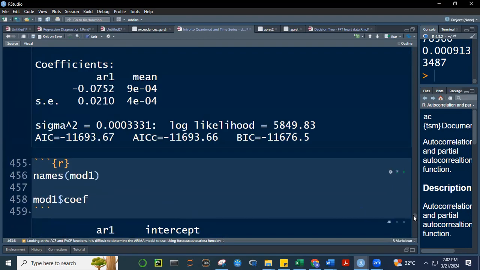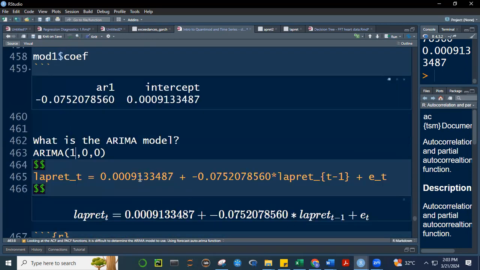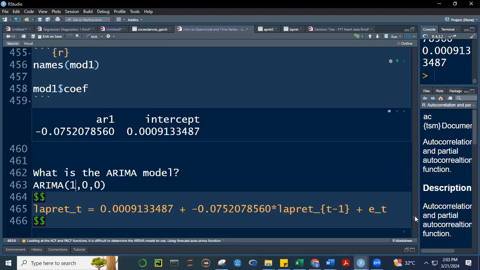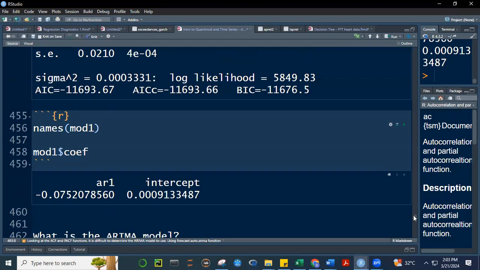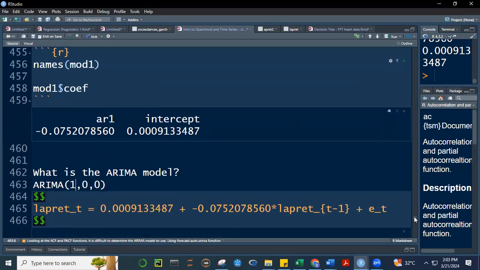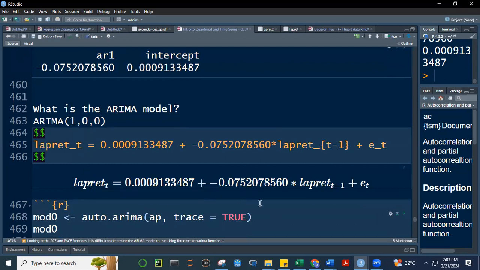Kasi yung coefficients natin, ito, no? 0.0752 at saka ito. The mean is this one, 0.0091, etc. Plus this one, negative of this one. This is your beta, okay, times log return t minus 1, right? T minus 1 class because we are regressing our Apple returns, okay, ito, based on its past values.